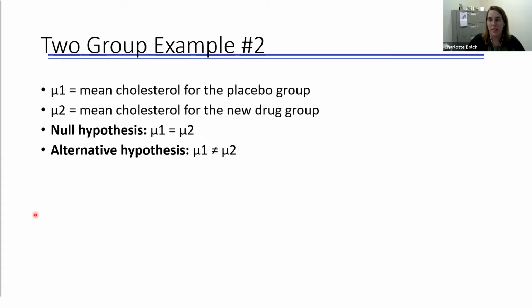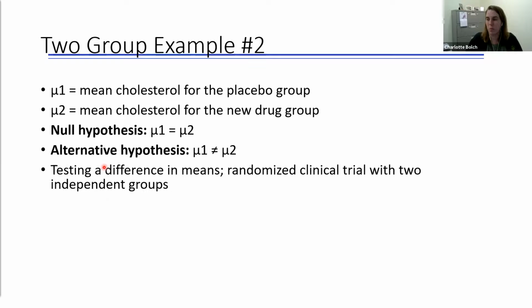The alternative is that they're not equal, because with our question we weren't trying to see if the mean cholesterol was higher for one group. We're just trying to see if there's evidence that they're not equal to each other, that there's some kind of difference. With this setup, we're testing for a difference in means because we're looking at mean cholesterol. We have a randomized clinical trial with two independent groups.